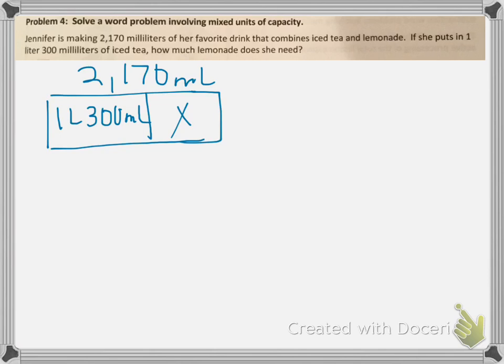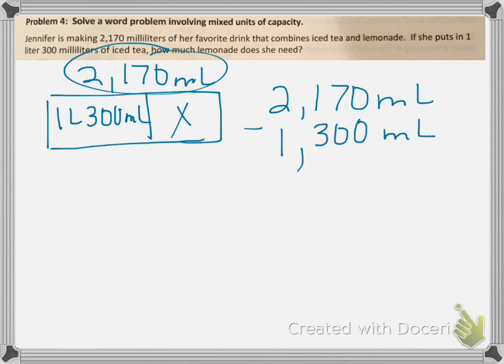So we're going to start with her whole and subtract her iced tea to find out how much lemonade she will need. Honestly, I prefer staying with milliliters, so I'm going to stay in the smaller unit. If I'm going to subtract 1 liter, 300 milliliters, that 1 liter will turn into 1,300 milliliters.